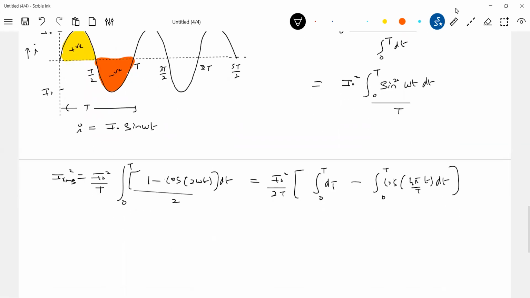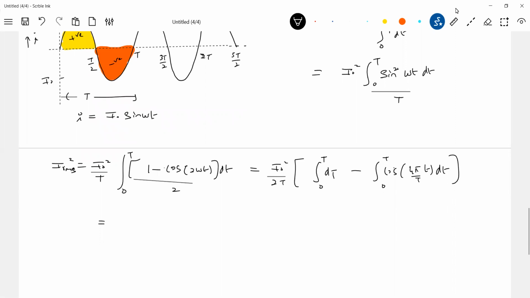You know integration, you know trigonometry, take help of the mathematics that you already know. Integral of dt will be t, minus the integral of this, which will be T by 4 pi.